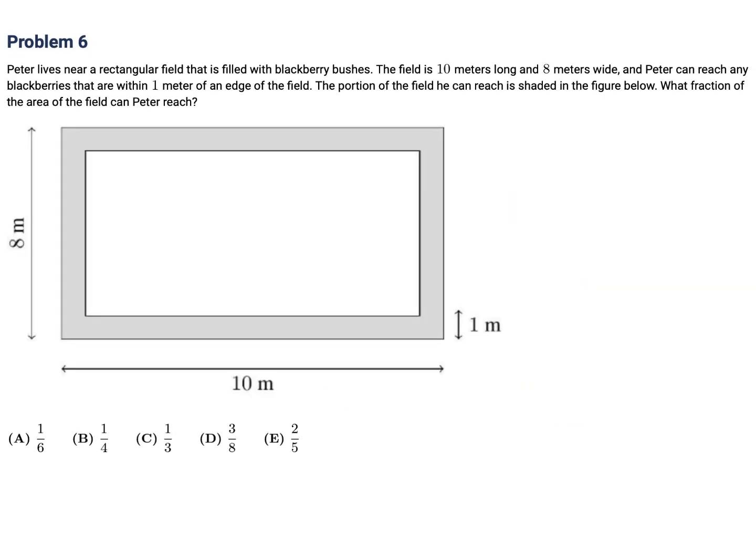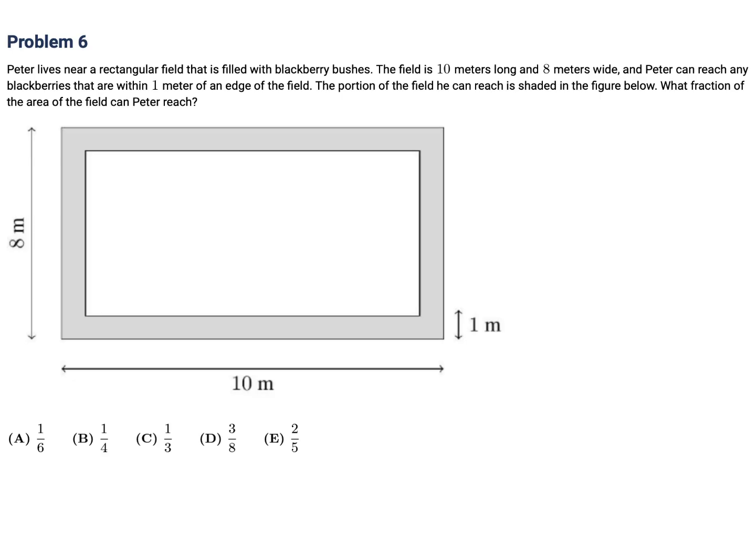Peter lives near a rectangular field that is filled with blackberry bushes. The field is 10 meters long and 8 meters wide, and Peter can reach any blackberries that are within 1 meter of an edge of the field. The portion of the field that he can reach is shaded in the figure below. What fraction of the area of the field can Peter reach?